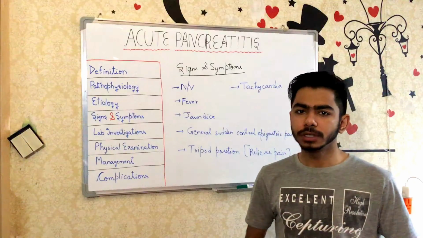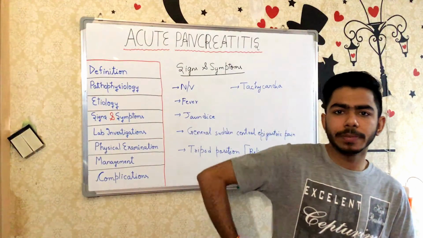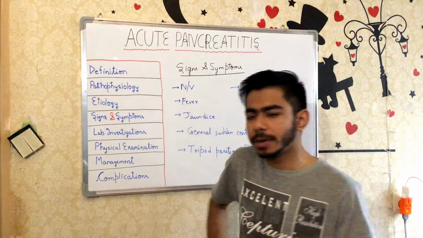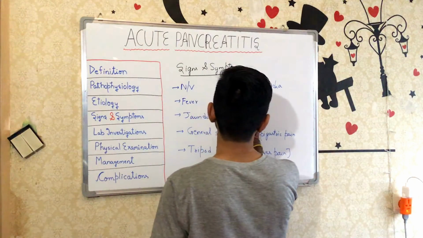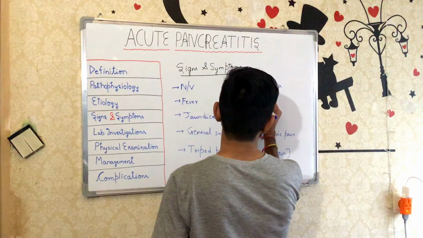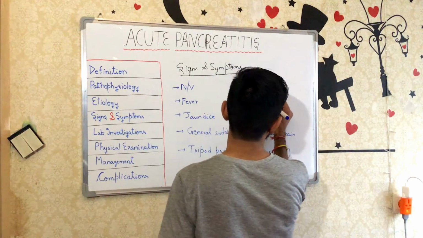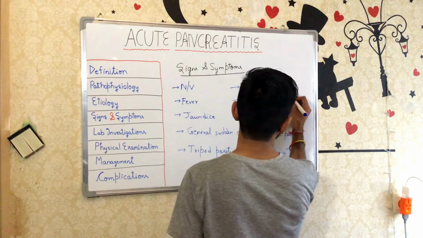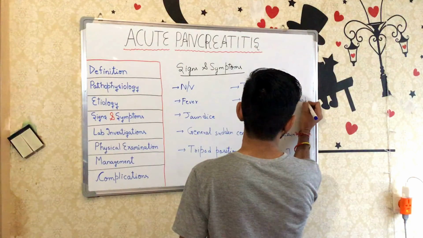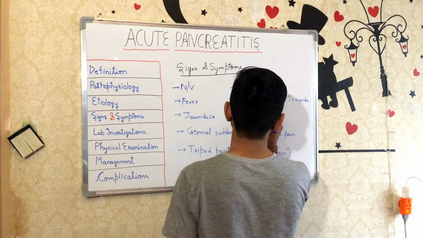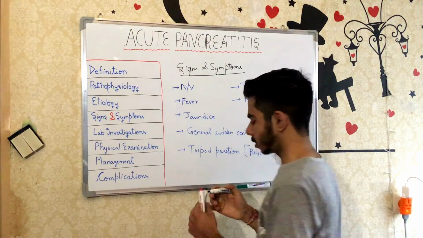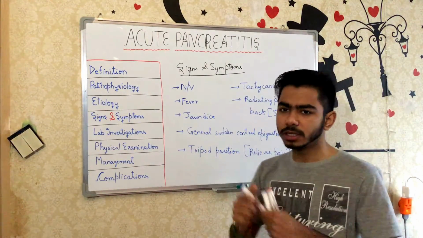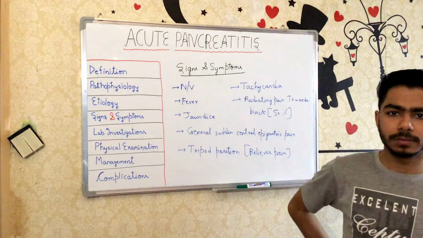In 50% of patients, this pain can radiate to the back, over here. So there will be radiating pain towards the back. In 50% of patients, which I've seen, the central epigastric pain radiates to the back.